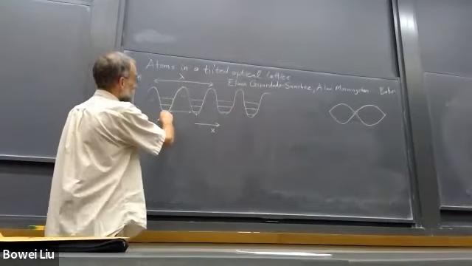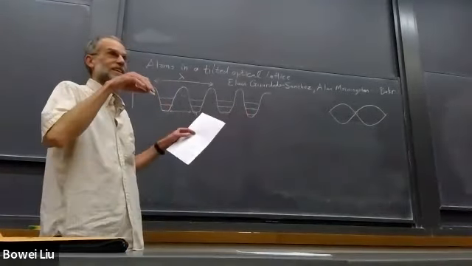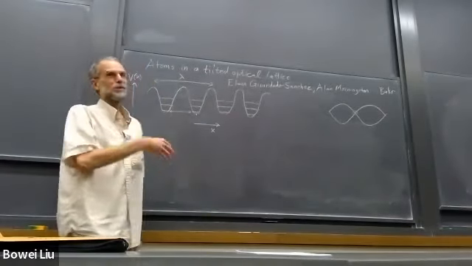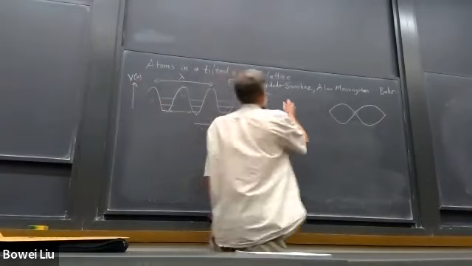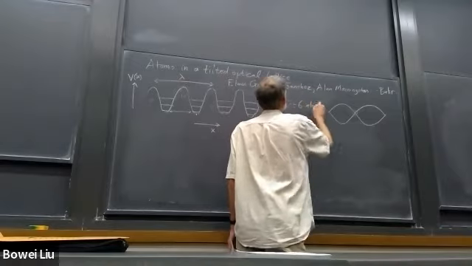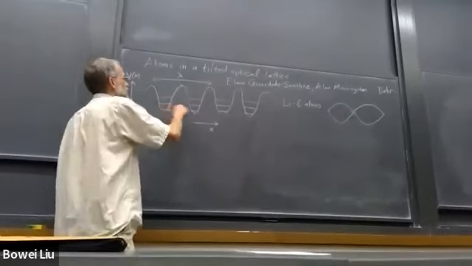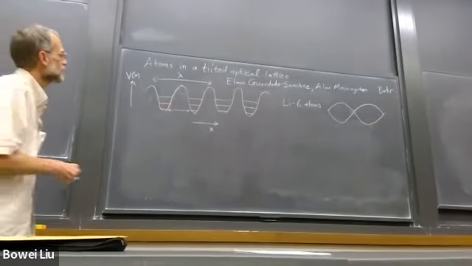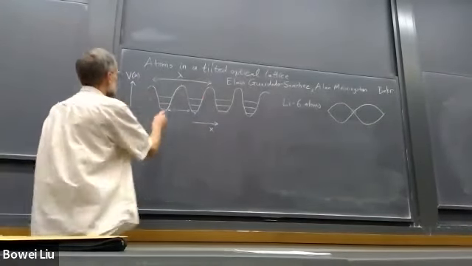And then so the light field is playing the role of the atoms in the crystal, and the atom is playing the role of the electron. So these are lithium 6 atoms, isotope 6. The lithium 6 atoms are playing the role of the electron in this setup here, the analogy to electrons in crystals.